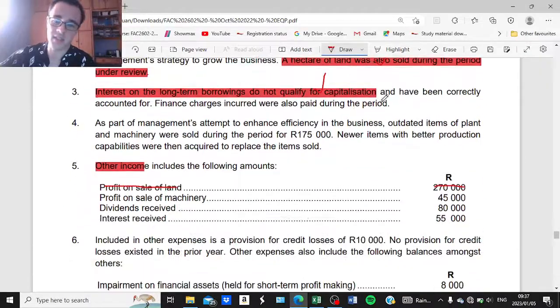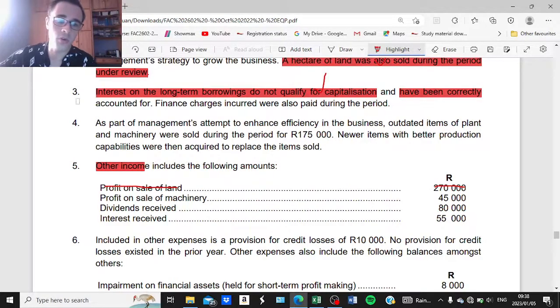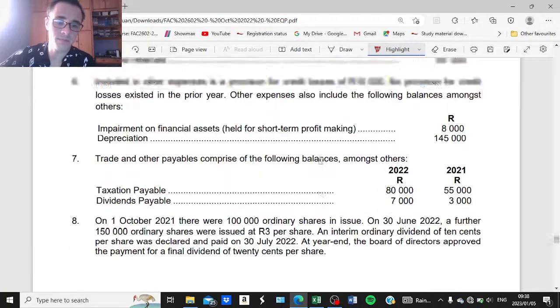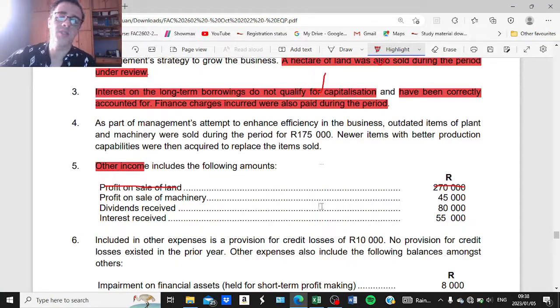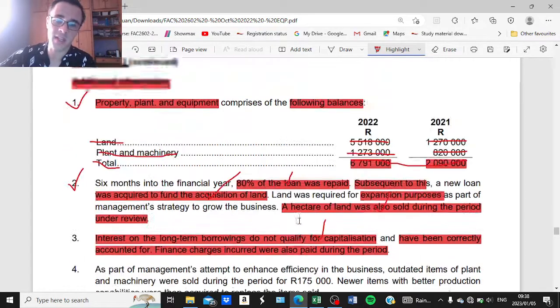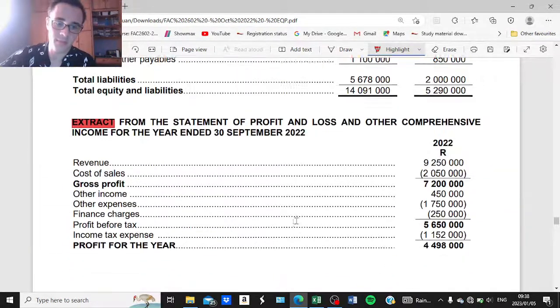But that is not the case in this question. The interest is expensed separately and has been correctly accounted for. Finance charges incurred were also paid during the period. Now, there's no indication under additional information that there was interest payable at the beginning of the year, nor at the end of the year.